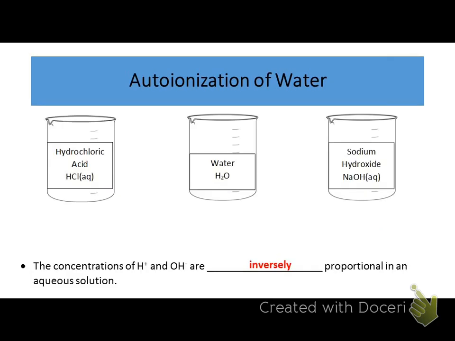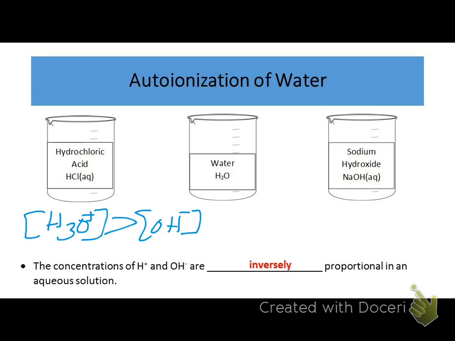All right, so we got a couple of beakers here, and they're full of, one is an acid, which is HCl, one is just water, and one is a base, sodium hydroxide. So in terms of relative thinking here, the hydronium ion concentration in this beaker should be greater than the hydroxide ion concentration. All right.